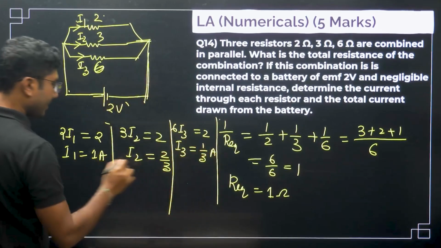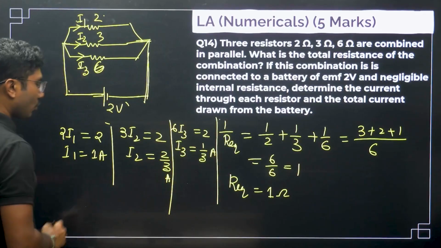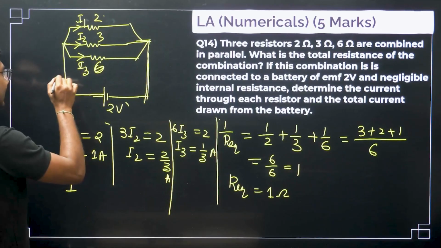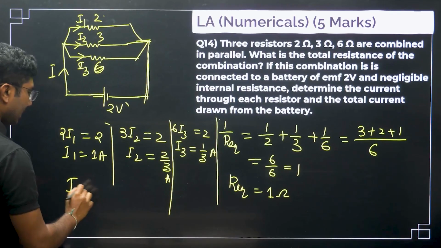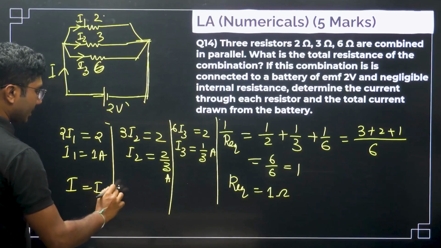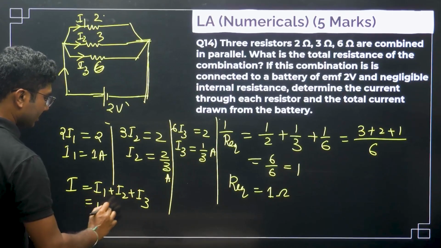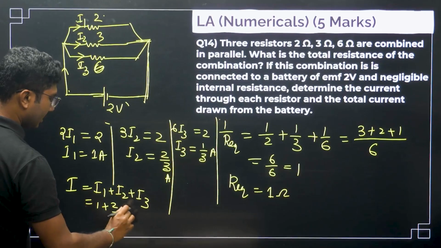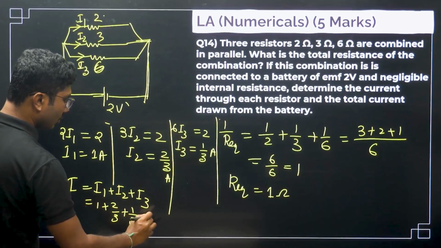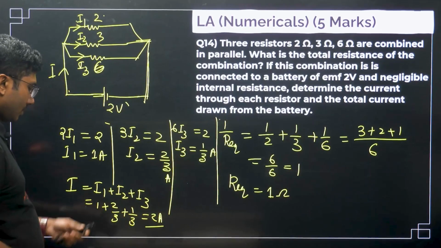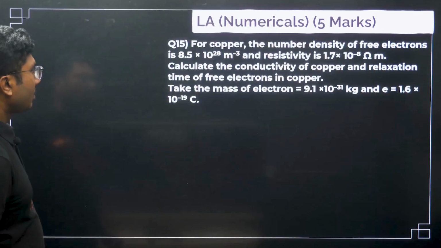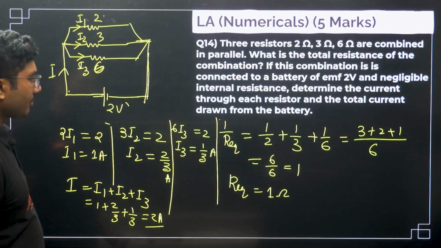Now unit is very, very important over here. Now total current in the circuit is basically I1 plus I2 plus I3, that is 1 plus 2/3 plus 1/3, that is 2 ampere. Okay, so I think answers are not mentioned here.